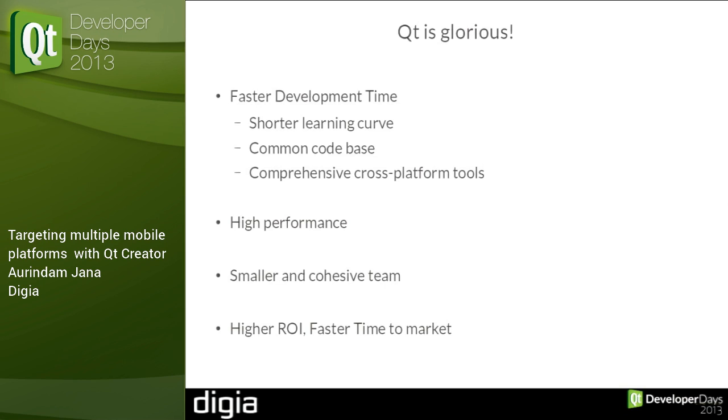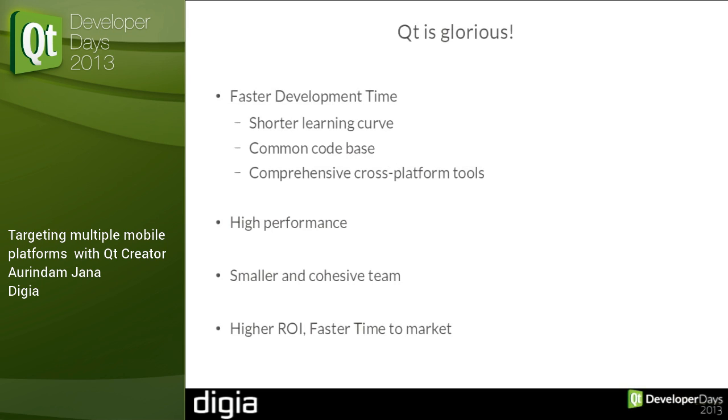Since most of you are desktop developers, you can just start using your Qt knowledge and start developing for mobile phones. The other thing is you have a common code base, which means that maintenance is easy, and we have comprehensive cross-platform tools for Qt, which makes your debugging and profiling and other analysis pretty easy.